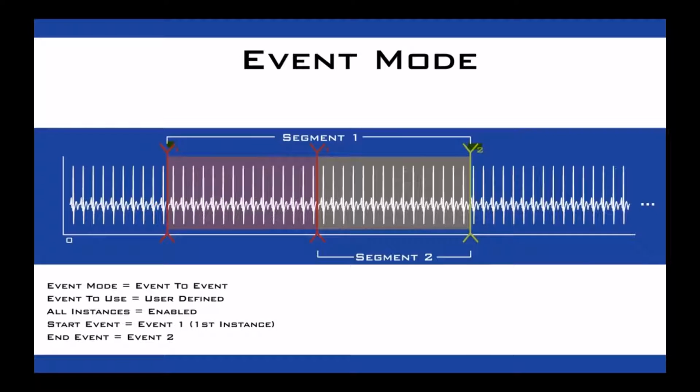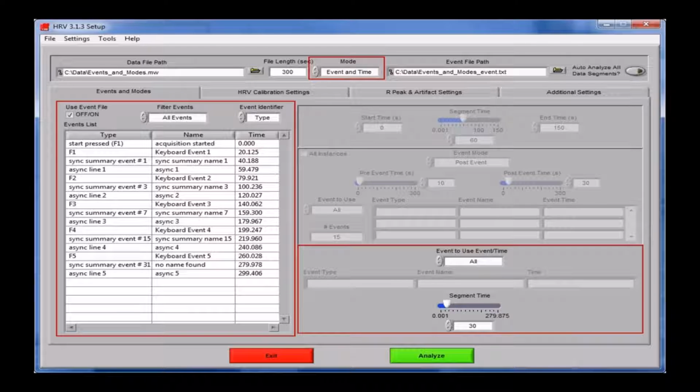And then we create a second segment down here, which we've notated, which will occur from the second time that event 1 occurred to event number 2. So that's a way to say, I want to see every time event 1 occurred to every time that event 2, or some sort of recovery event, whatever you've chosen. So it'll basically break it up in 2 different ways. That is the all instances.